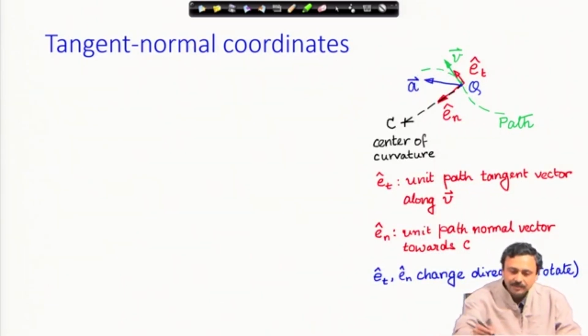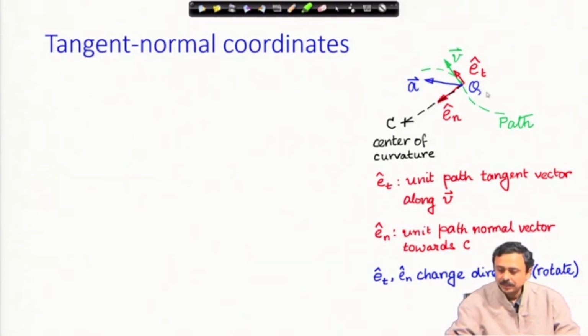Now, here I have started defining my coordinate system. The first thing to note is this vector e_t cap. It is a unit vector, of course, directed tangent to the path. Therefore, it is along the velocity vector direction.